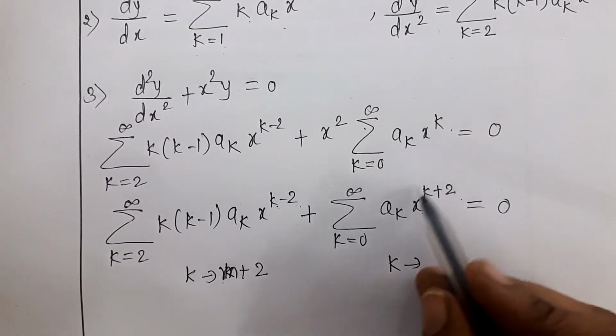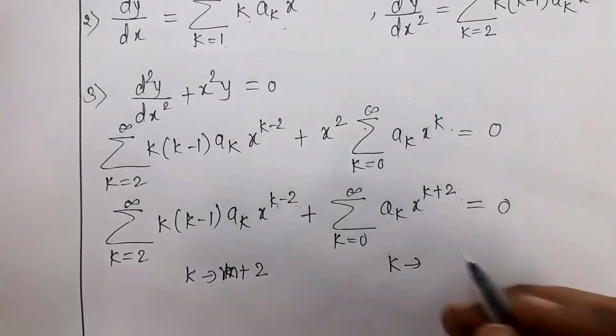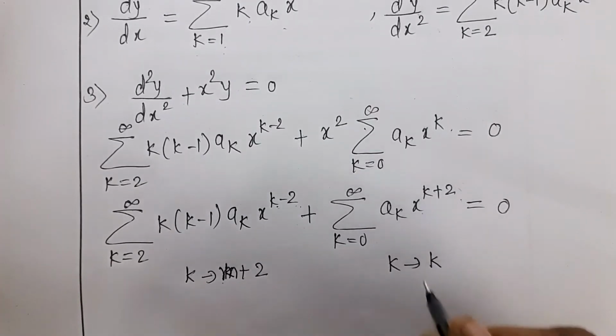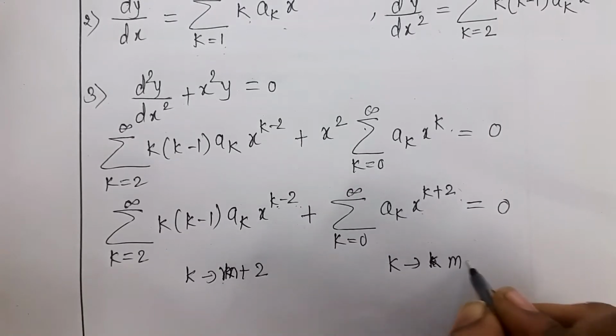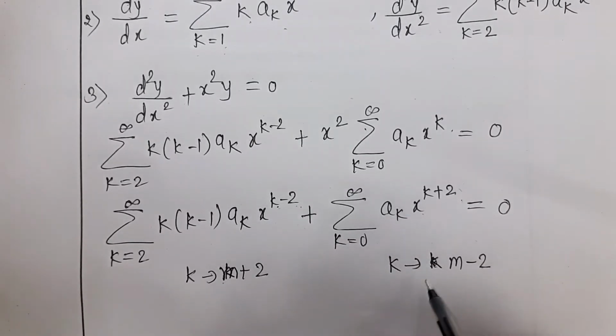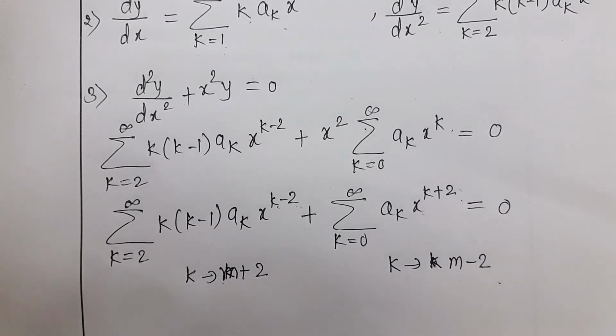To convert x to the power k plus 2 as x to the power k, we substitute k as m minus 2. Replace k by m minus 2. So m minus 2 plus 2 becomes x to the power m.